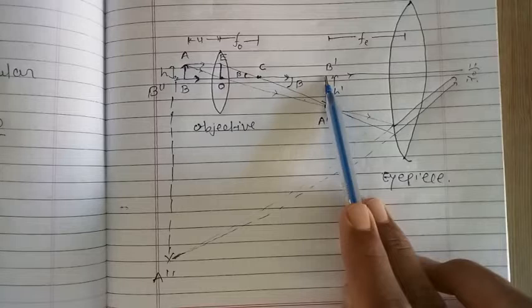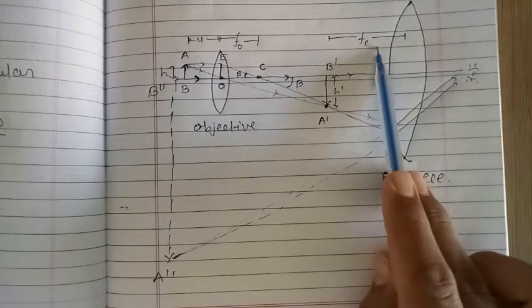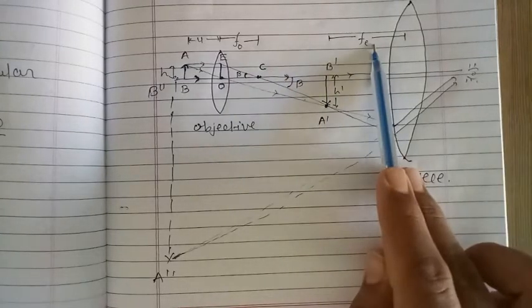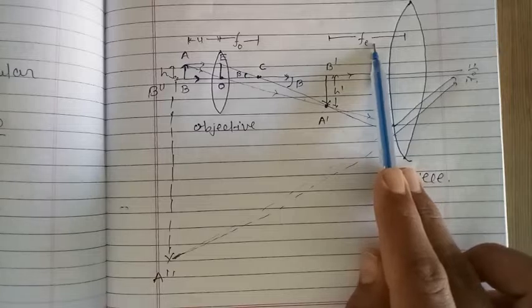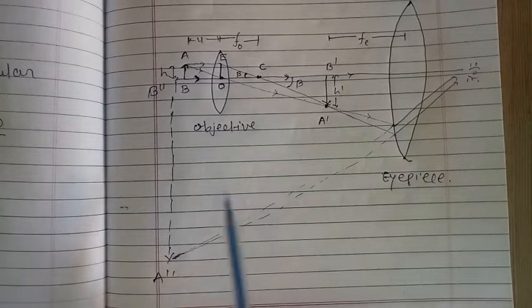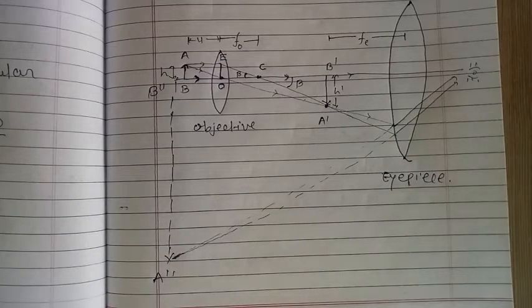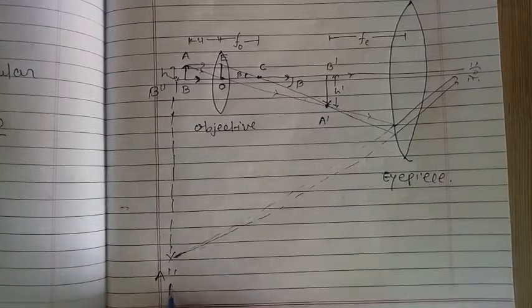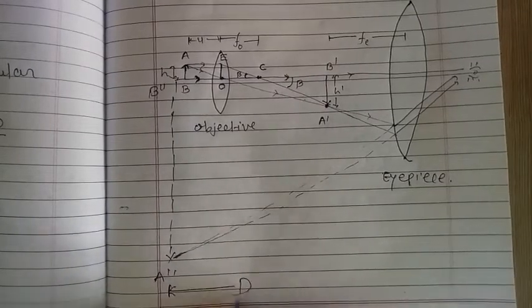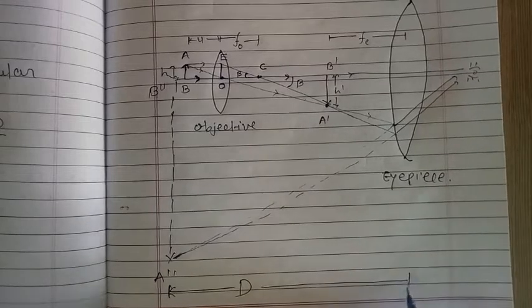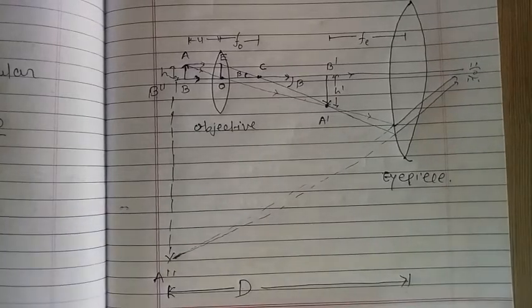So here the object distance is f. We can say f is equal to fe, right? So we know that the image occurs at infinite distance, or a little closer for image formation at the near point. We know the near point is D, right? Here our near point we denote by this point B, right?